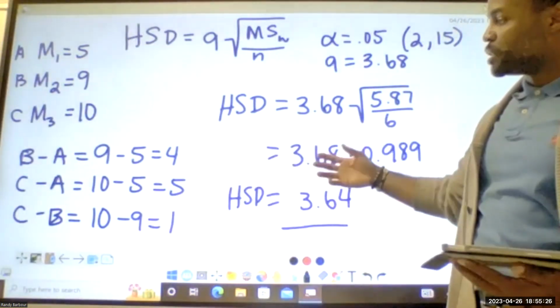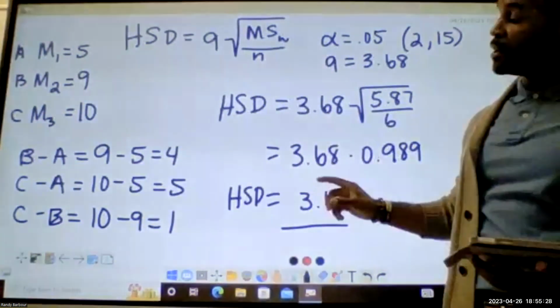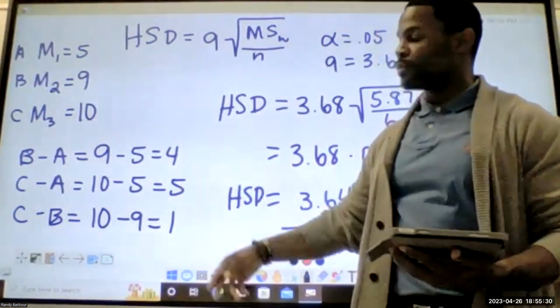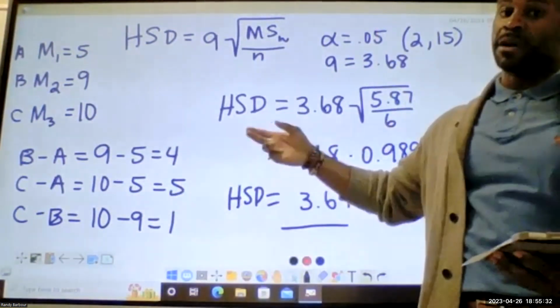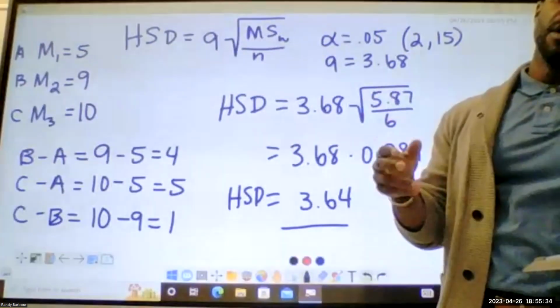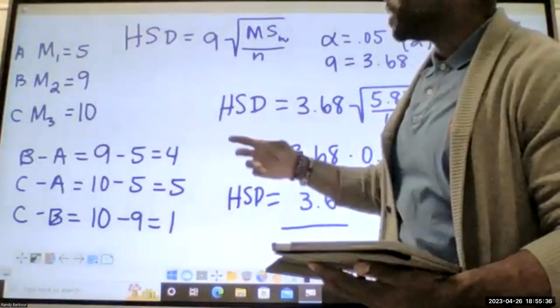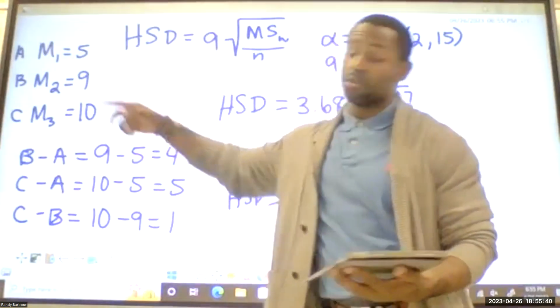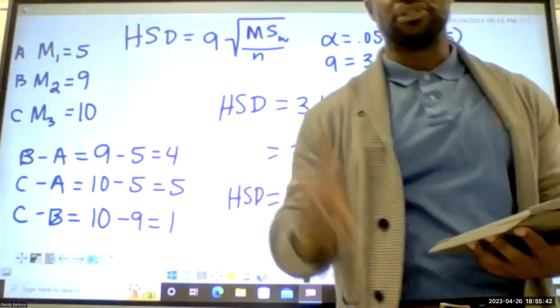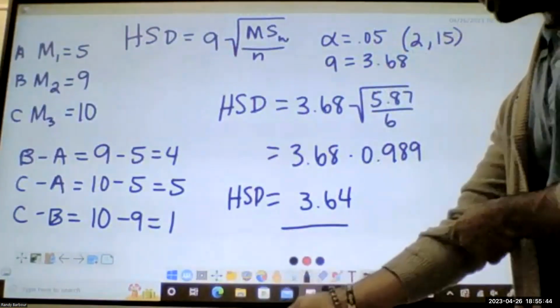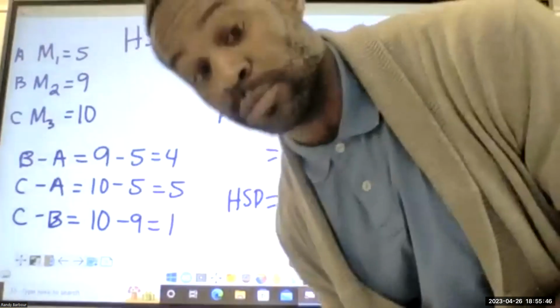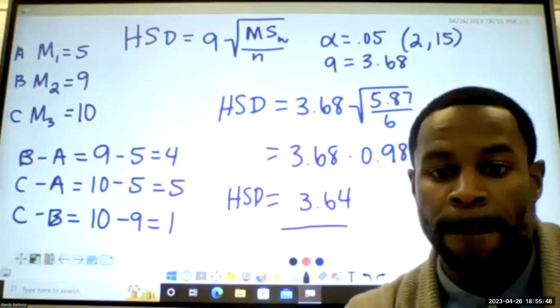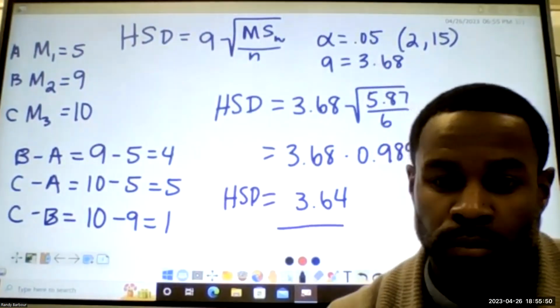So again, you get your honestly significant difference, you get your difference scores, and then you're able to compare those to determine which means were significantly different. We see that group B and group C weren't significantly different, but you did have 2 significantly different.